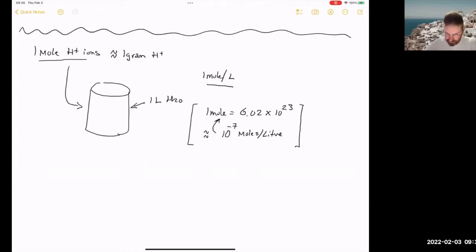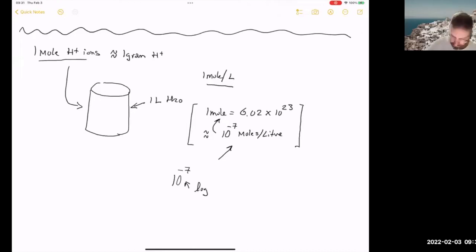We take the molar concentration of hydrogen ions. Let's say that I have 10 to the -7 moles per liter. Now, what I can do is take what's known as the logarithm. I can take the log, and a logarithm is essentially asking how many factors of 10 are in the number.